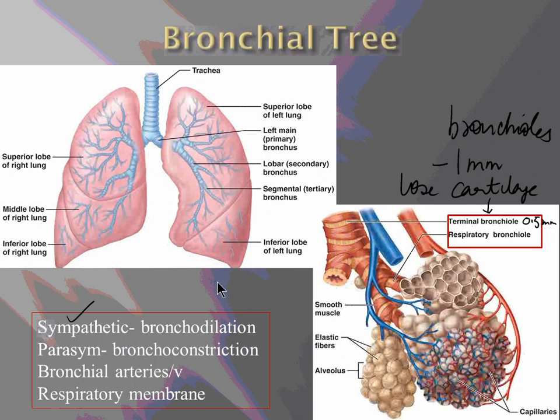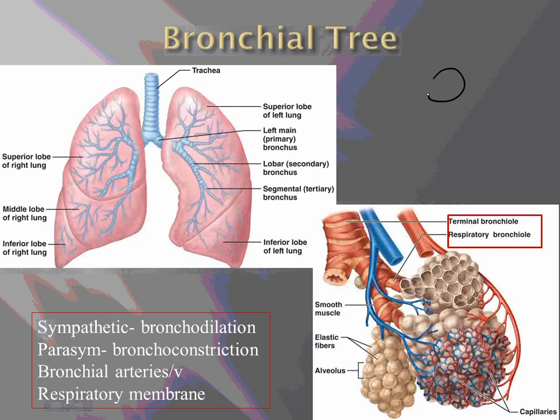Okay? So from the terminal bronchiole, you end up in the respiratory bronchiole. It's called respiratory bronchiole because here the bronchial lumen is not complete or continuous. If you were to look at a terminal bronchiole or any other bronchiole above that, the lumen will be complete like this, and here it will have the smooth muscle. When you look at a respiratory bronchiole, you will find the lumen is not complete because it has alveoli which bud off.